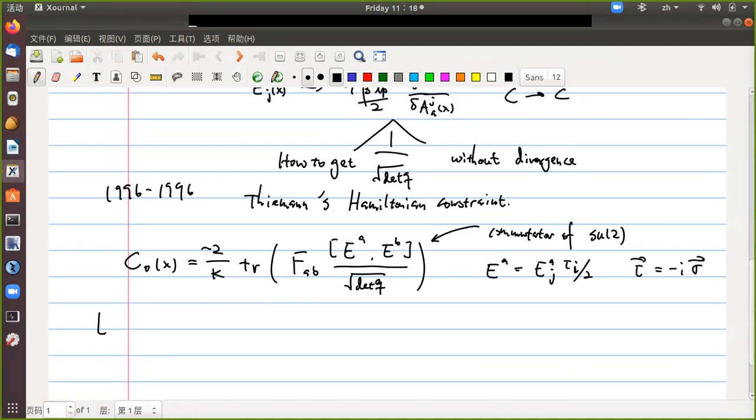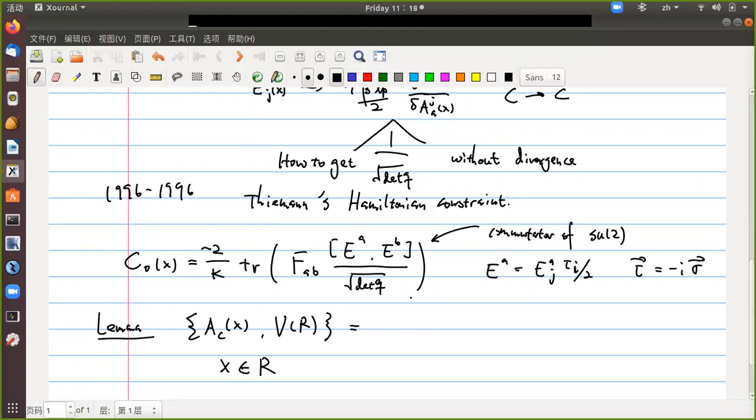Now our lemma is that you can express this quantity in terms of a Poisson bracket between the connection and the volume of a region. If you have a point x and a region R such that x belongs to R, and you compute the Poisson bracket between A and V, you just get this quantity.